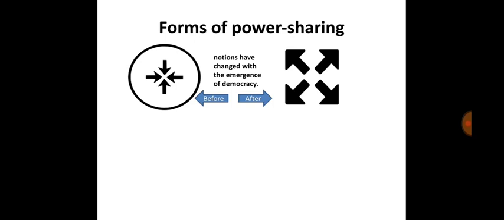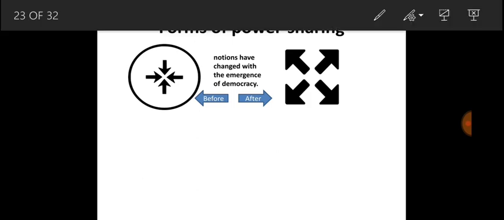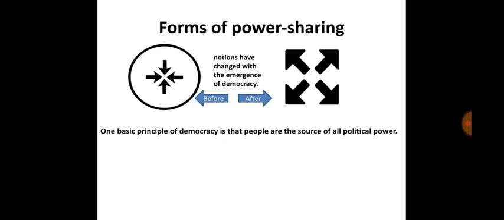Now, a dispersed form of governance, that is decentralization, came into effect. One basic principle of democracy is that people are the source of all political power. In a democracy, people rule themselves through institutions of self-government.